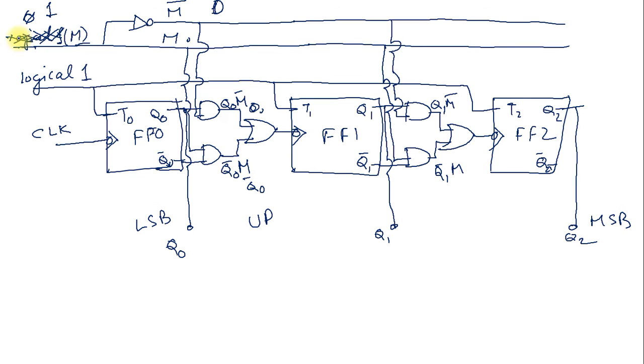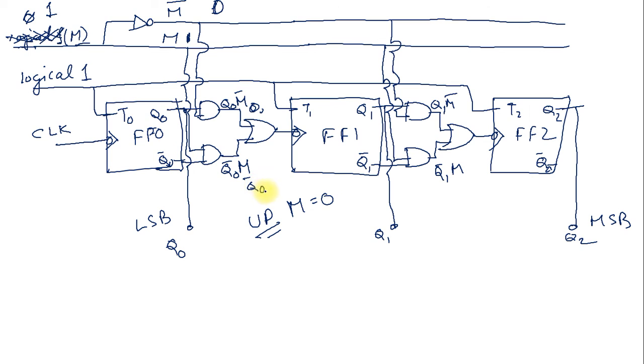So when M equals 0, the clock of the next level is got from Q0 and Q1. Whenever we give 0 to M, the counter acts as an up counter. When we provide M equals 1, that means M equals 1 and M complement equals 0, so M complement into Q naught is 0.